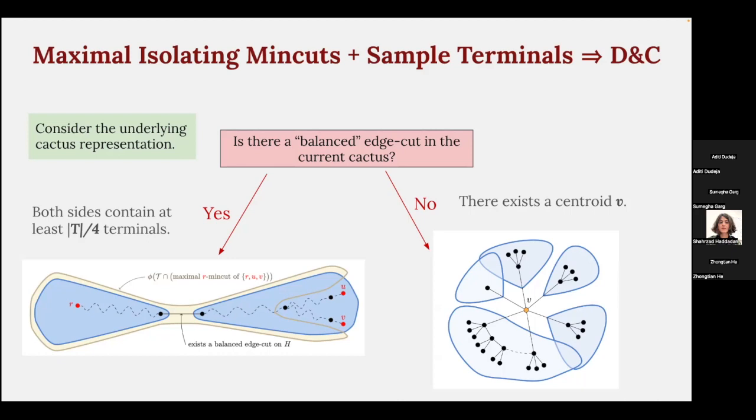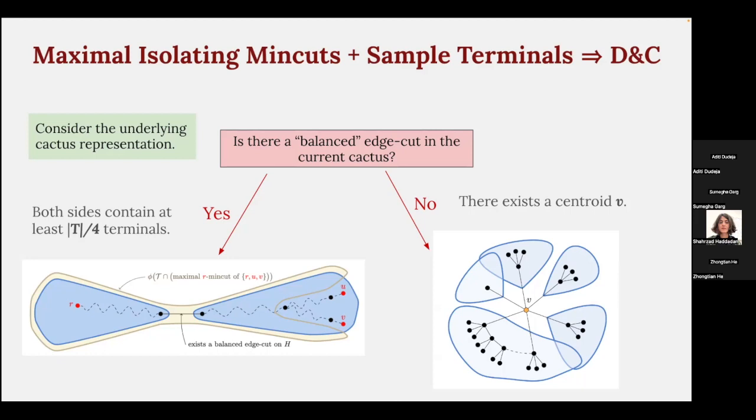But we are still fine with this, because I will show you how to use the maximal isolating mincuts to compute a lot of cuts in one shot, and then each of these blue parts will be recovered by the cuts we computed. So then we can do divide and conquer for each branch.